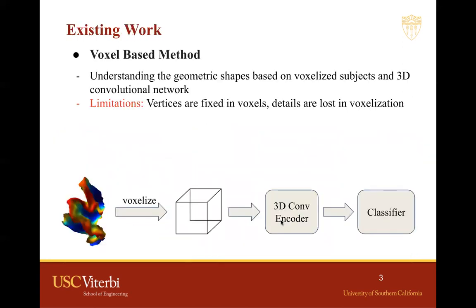The second challenge is to understand the folding pattern automatically using programs. Existing works usually include two categories. In the early stage, voxel-based methods learn the geometrical distribution of shapes by applying voxelization and 3D convolutional neural networks. However, since it fixes the data into voxels, the details of the shape data can get lost in the voxelization process.